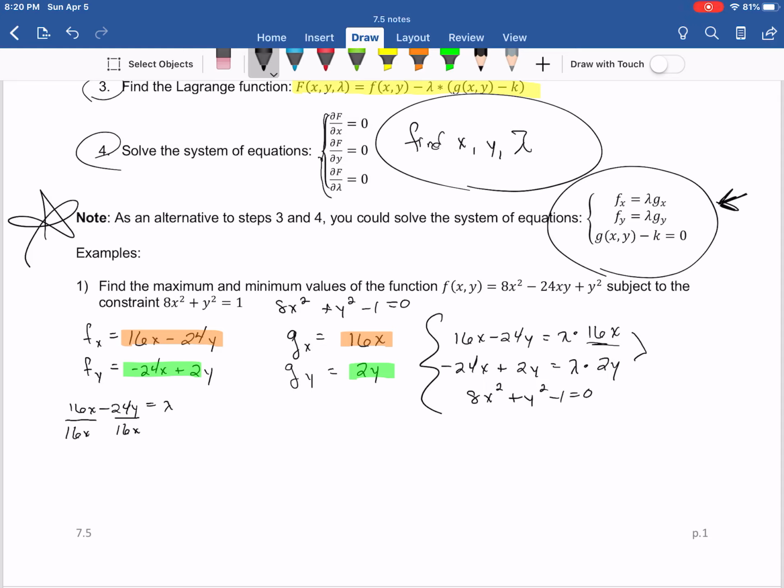I'm going to do them separately so you can see how they simplify. And that's going to give you 1 minus 3y over 2x. The second equation, I'm going to divide everything by 2y.